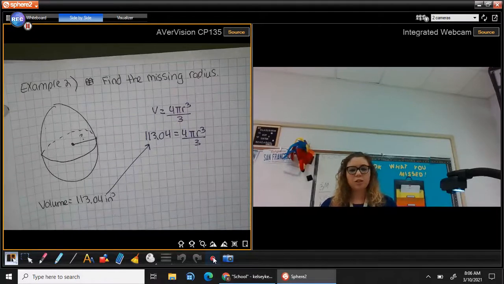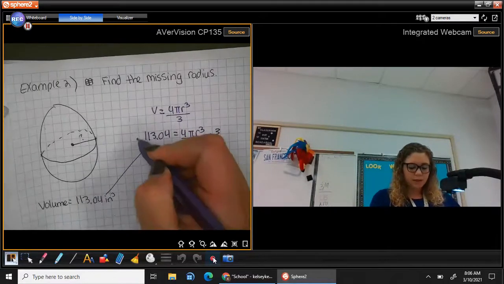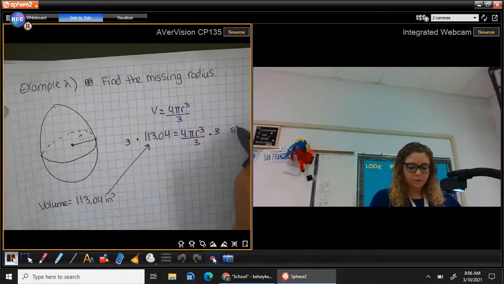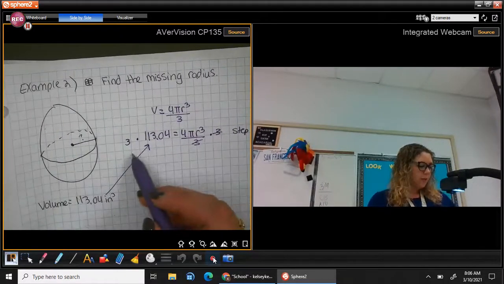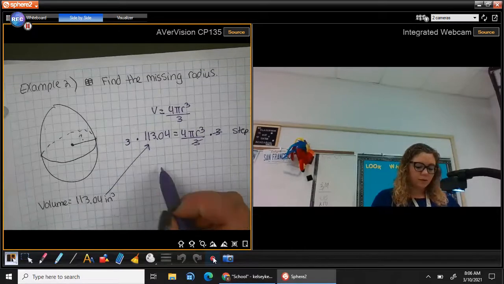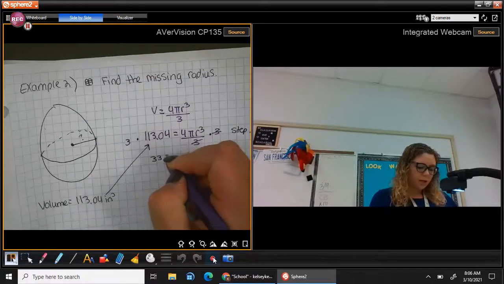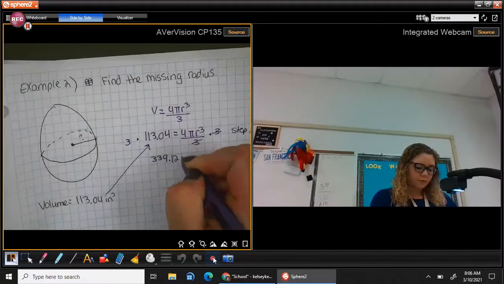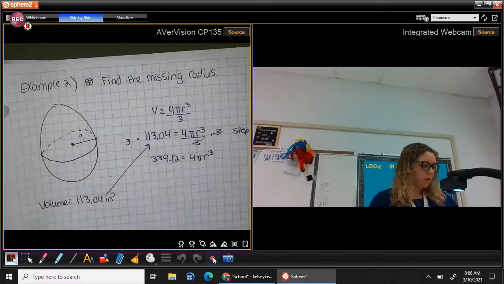So with these, you're going to solve them the same way. Okay, you're always going to multiply both sides by 3. So this is step 1. Okay, these cancel out. 3 times 113.04 is going to give you 339.12 equals 4 pi r cubed.